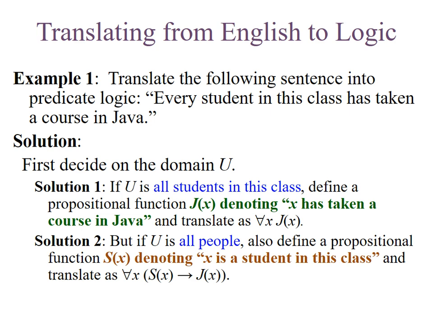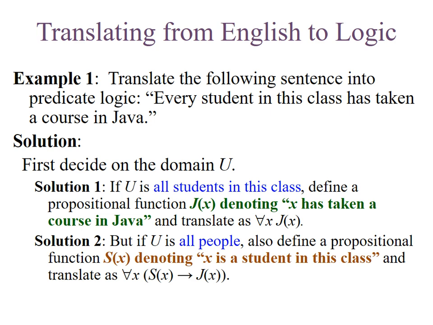Next, let's see an example of how we translate from an English sentence to logic. Every student in the class has taken a course in Java. Once we have seen the English sentence, the first thing to do is to define the domain, because if the definition of the domain is different, you will have different results in predicate logic. So let's see how we define the domain.